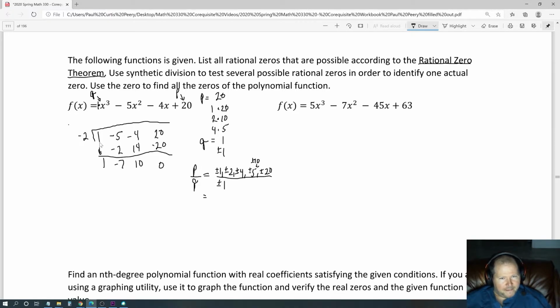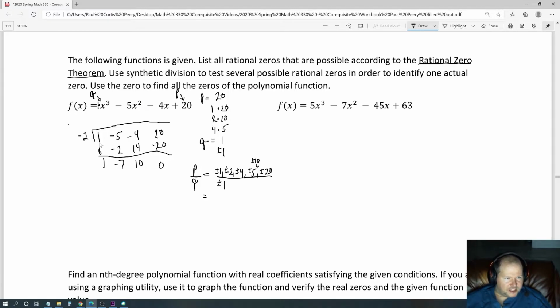Okay. Now, you could keep on going at this point, but once you get down to a second power, you can stop. What I mean is, when I divided by negative 2, that means I started with a 3rd degree polynomial and now I'm down to a 2nd degree polynomial, which you can actually just factor.